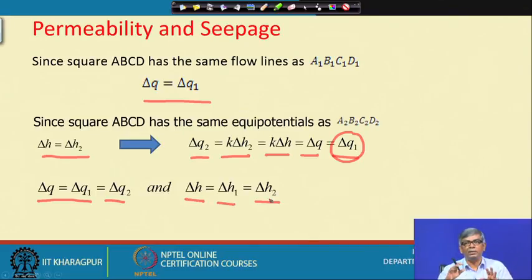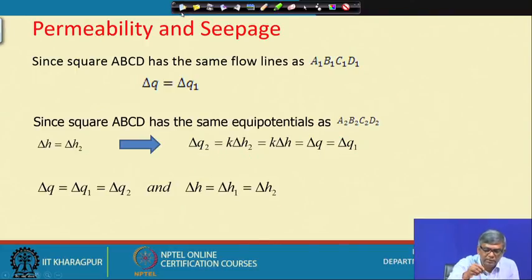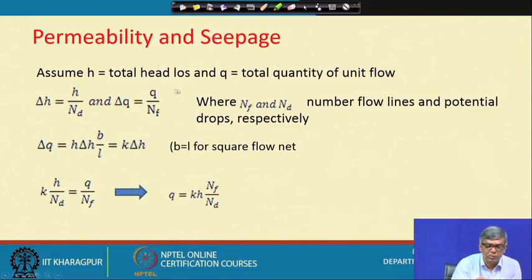So, if I make the flow net with a square shape, then each drop will be delta H, and in each channel the flow quantity will be constant, equal to delta Q. And if I consider that, everything will be simplified. Then assume H is the total head and Q is the total quantity of flow.